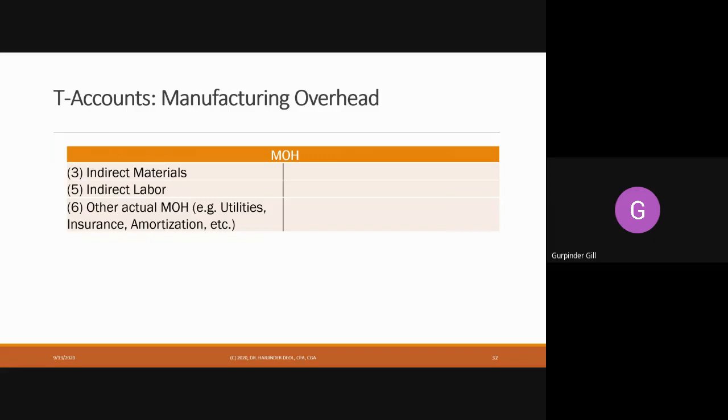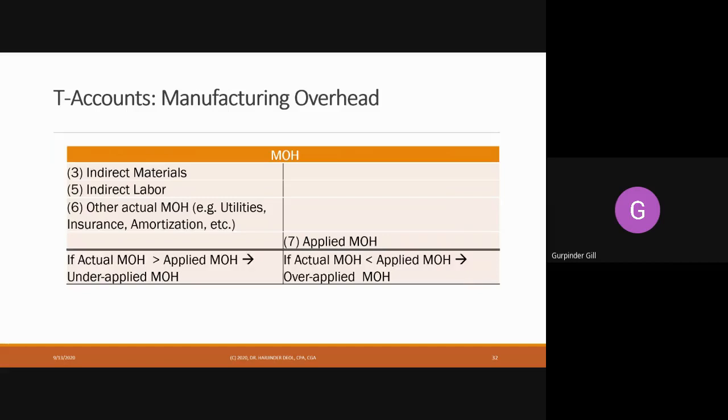Anything and everything that is incurred at the manufacturing facility, which is outside of indirect labor and indirect material, gets captured here. On the credit side of your manufacturing overhead, we will see the applied manufacturing overhead number, which is applied as we go.